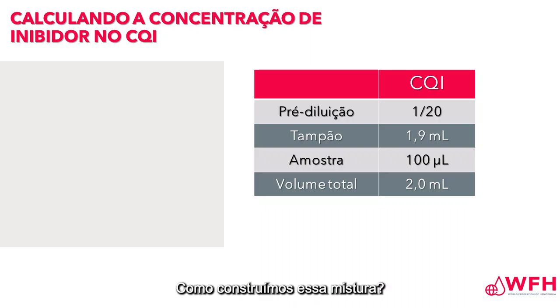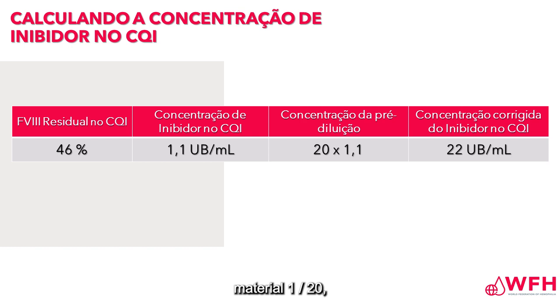In that mix. How did we construct that mixture? We made a dilution of the QC material 1 in 20. So the inhibitor concentration in that sample is 1.1 multiplied by 20, 22 Bethesda units per mil.